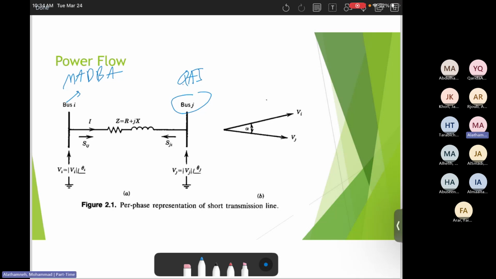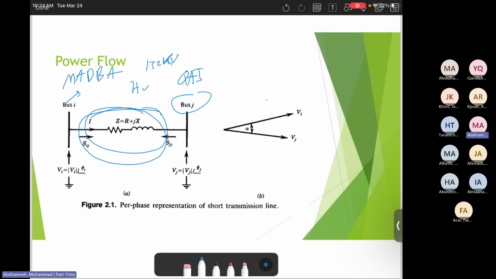Then we have the transmission line. This is the transmission line, the big towers connecting the high voltage tower, 132 kilovolts. If the distance is short, then it will be R plus JX, which is RL.